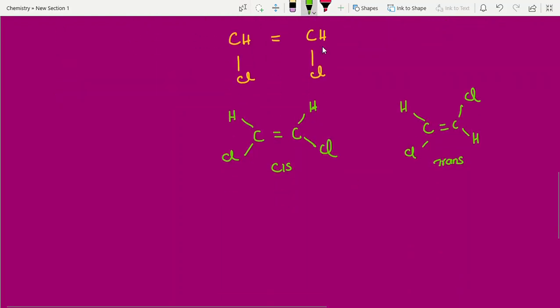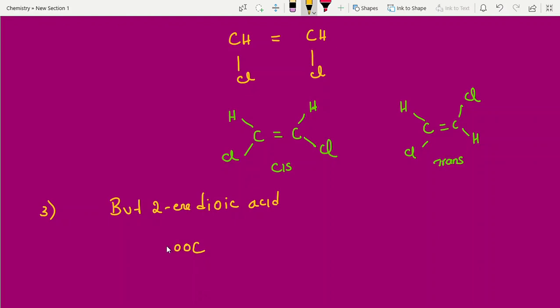Now the next one, but-2-ene dioic acid, example 3. I am writing the structure here, students: COOH.